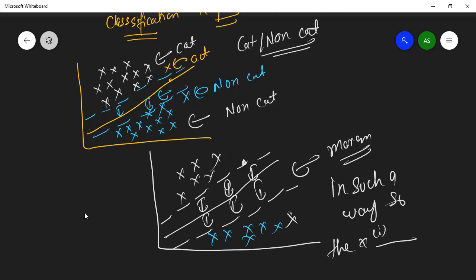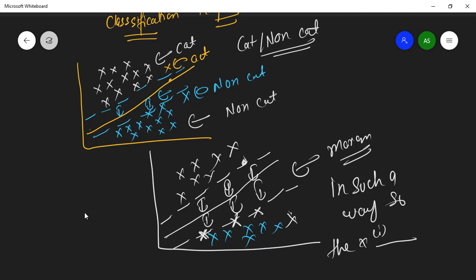Whatever comes here or here will be classified as a CAT. The nearest data points should be far away from the hyperplane. These are called the support vectors, which are the nearest data points to the hyperplane. They support these parallel hyperplanes to separate the data.